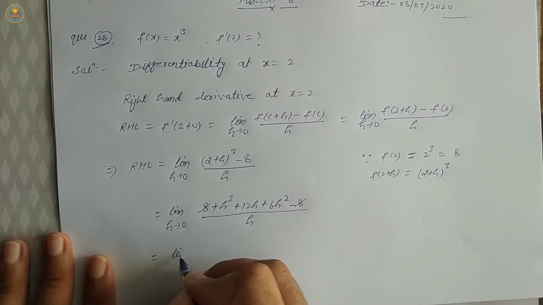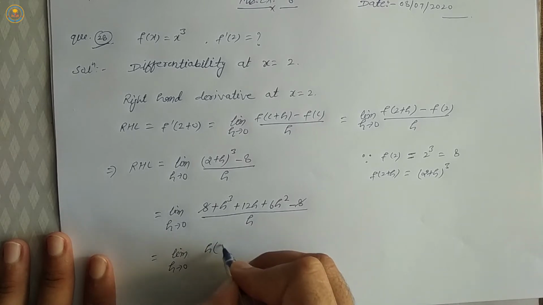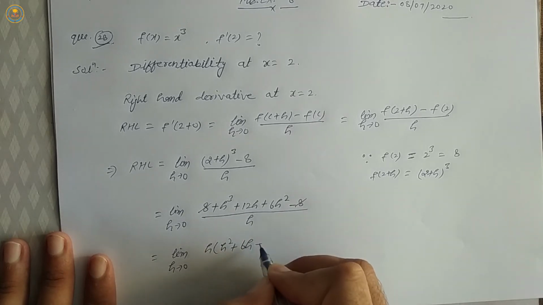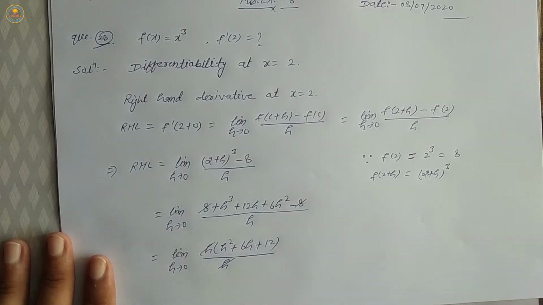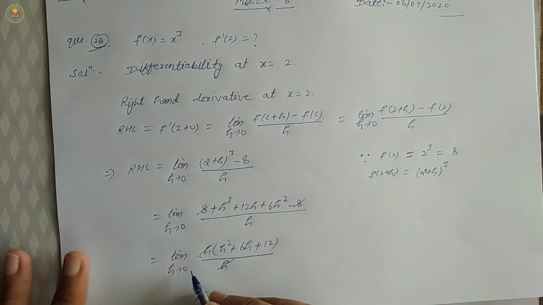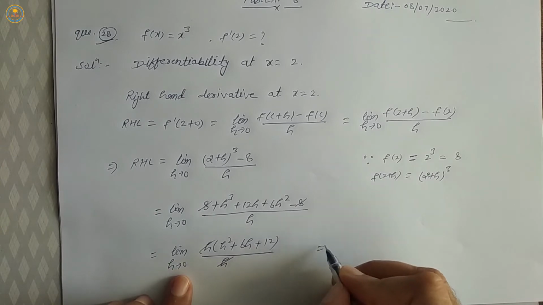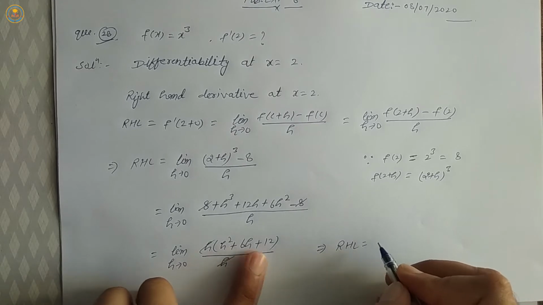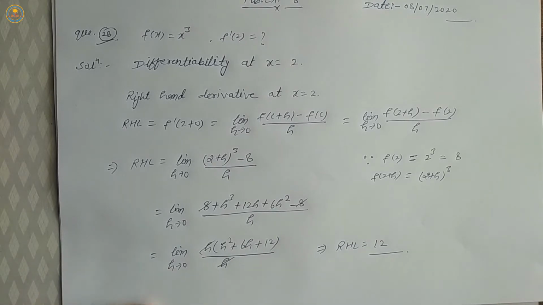Is equal to limit h tends to 0, h common into h square plus 6h plus 12 by h, h cancel out. Putting the value h is equal to 0, it means RHL is equal to 0 plus 0 plus 12 is equal to 12. RHL is equal to 12.